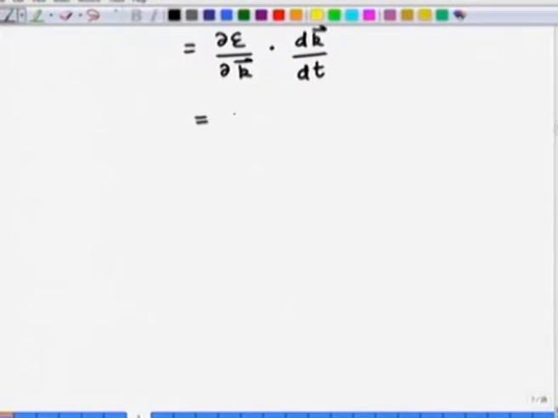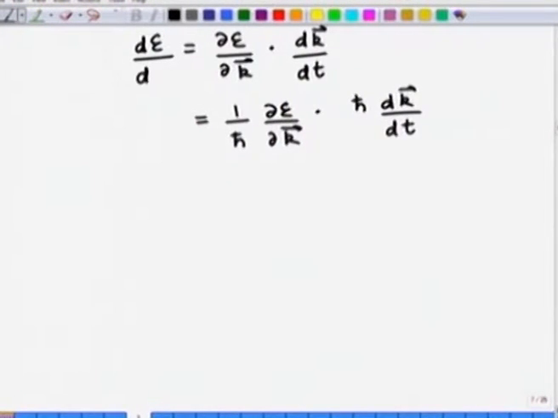Now, if I further introduce this 1 over ħ, del E del k, dot product with ħ dk/dt, and remember this quantity is equal to dE/dt, which is V dot F.